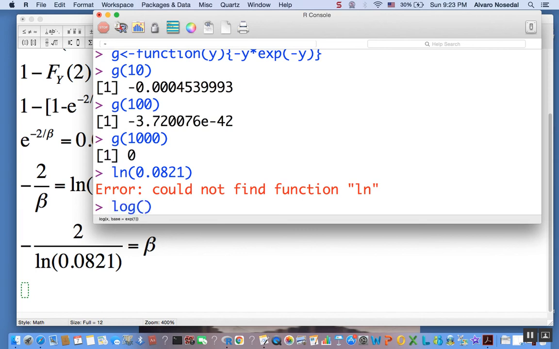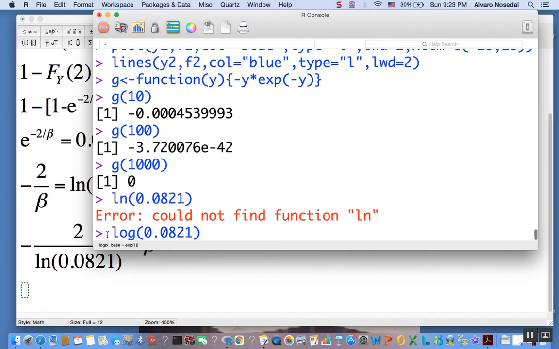So log of 0.0821. And I wanted you to see this. Can you see this here? The base is by default exp at the power of 1. So the base is e.